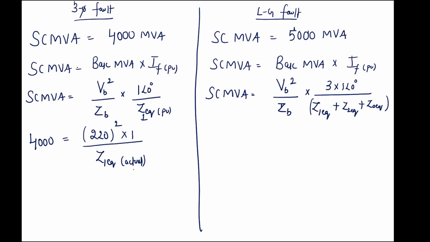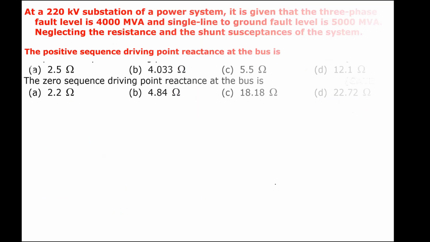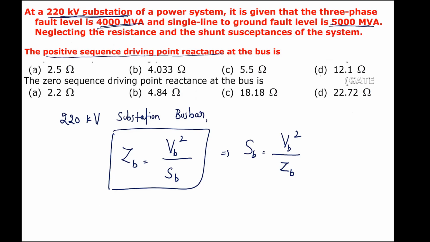If you cross multiply, the positive sequence actual value is 220 kV whole square divided by 4000 MVA. kV square and MVA cancel. 220 square divided by 4000 is 12.1. So this positive sequence Thevenin's impedance is 12.1 ohm. The positive sequence driving point reactance is 12.1. Option D is the right option for the first question.